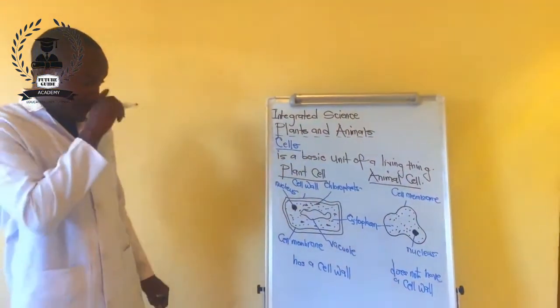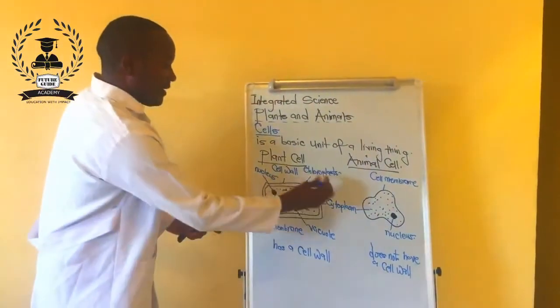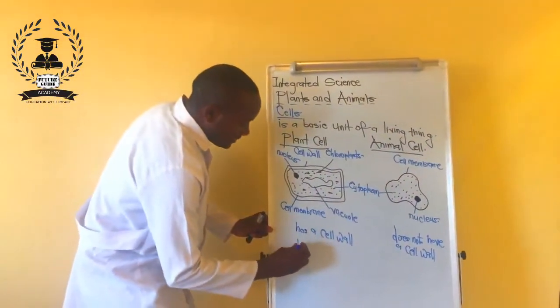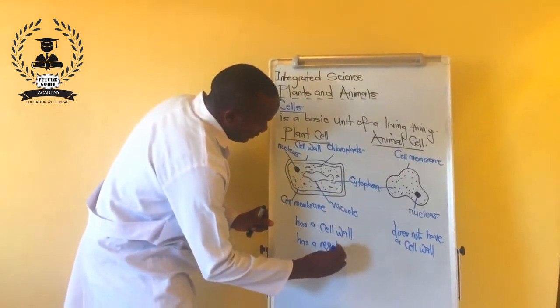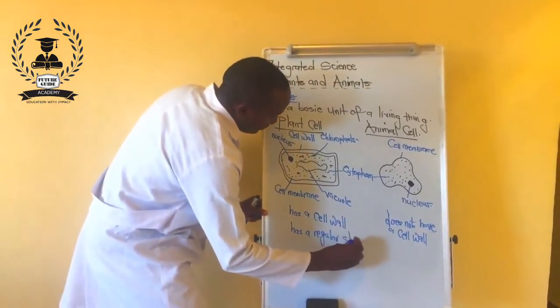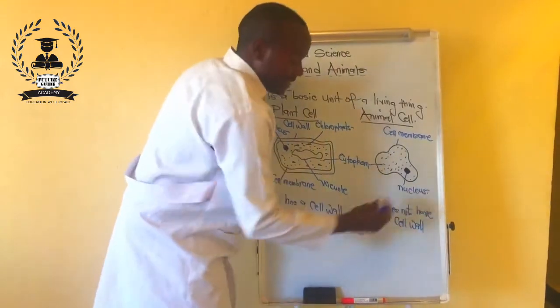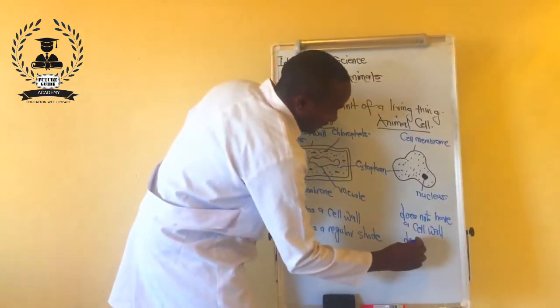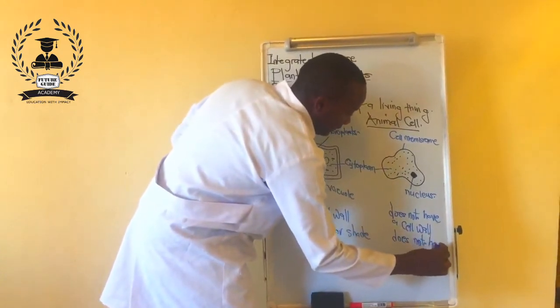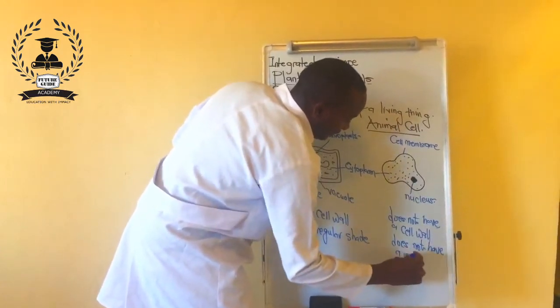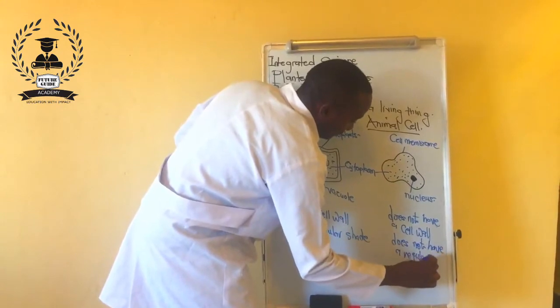Apart from that one, you've noticed that a plant cell has a regular shape, but an animal cell does not have a regular shape.